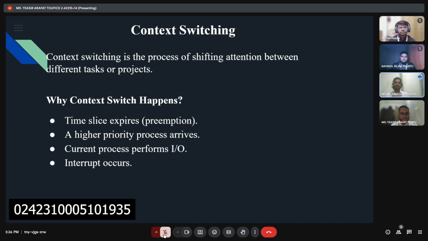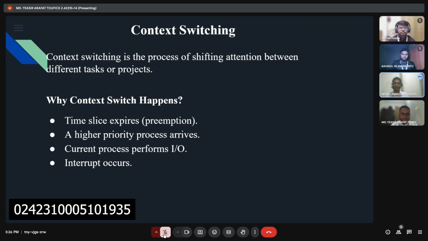Interrupt occurrence: an external event, like a hardware or system interrupt, temporarily stops the running process and requires the operating system to do a context switch. So the main reason for the context switch is that it enables multitasking, with multiple processes appearing to run simultaneously. It has overhead, because while switching the CPU is not doing useful work.